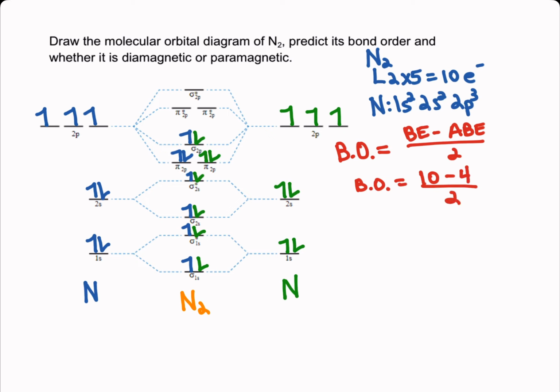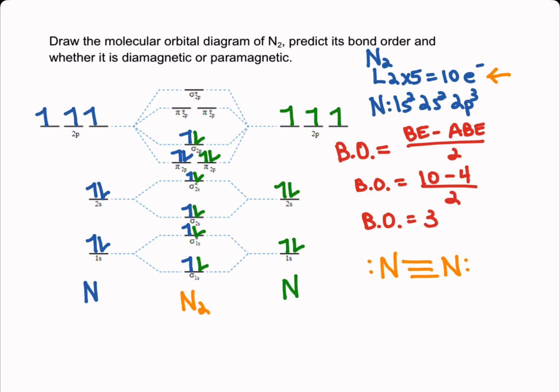So 10 minus 4 is 6. 6 divided by 2 is 3. So this suggests that there are 3 bonds between nitrogen, and our valence electrons tell us that this Lewis structure should have a total of 10 electrons. So each bond is 2 electrons, so there are 6 electrons, 8, 10.